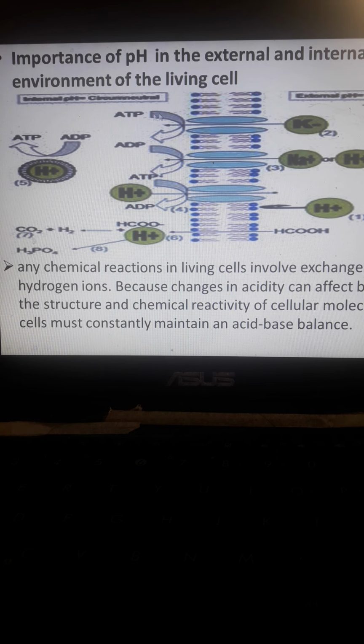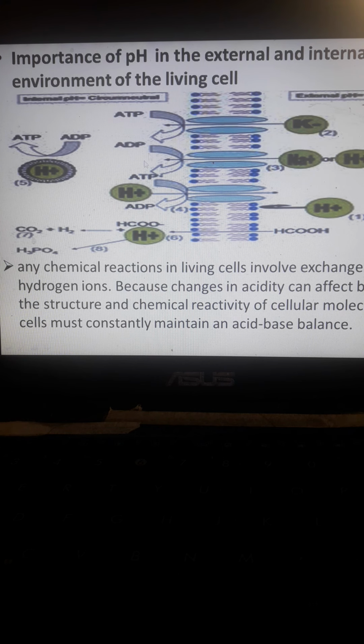ATP is converted to ADP, wherein one phosphate group is utilized, and ADP is converted back to ATP, wherein one phosphate group is gained. Again, the extrusion, or exit, of hydrogen is also energy dependent, or active transport.